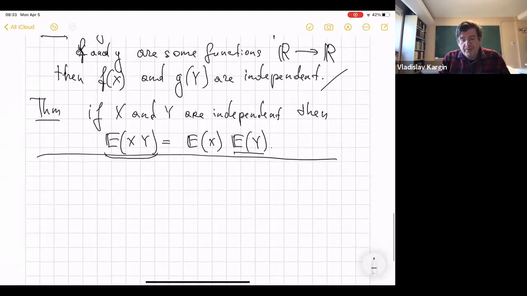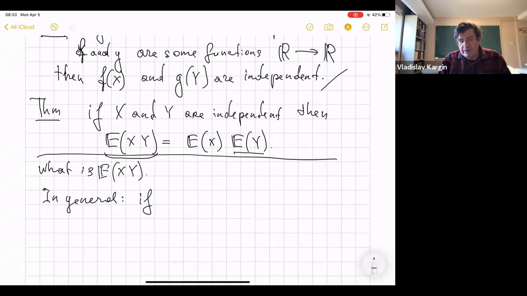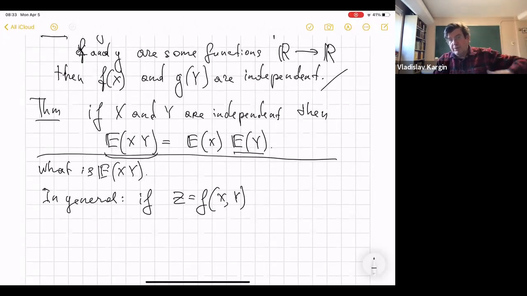So what is the expectation of a function of x and y by definition? In general, if some z is equal to a function of x and y, so it's a function of two random variables x and y, then in principle you can do it by definition.